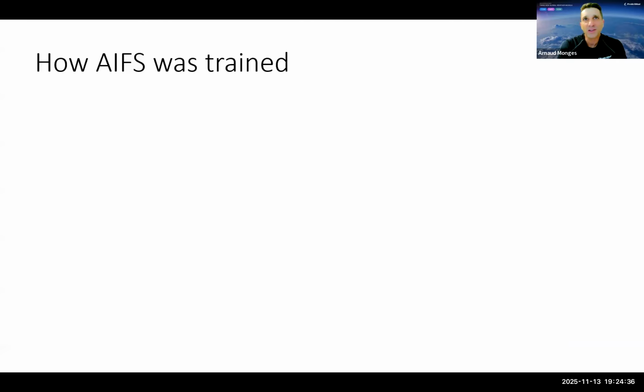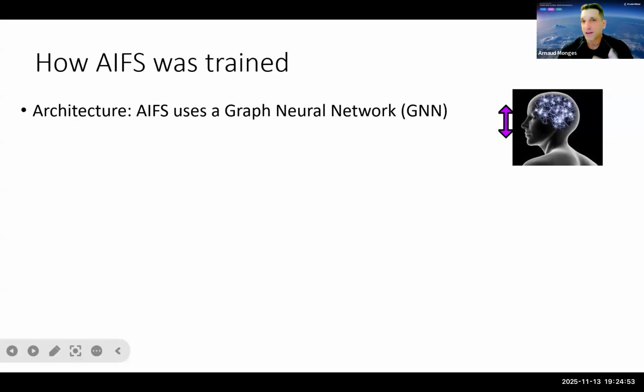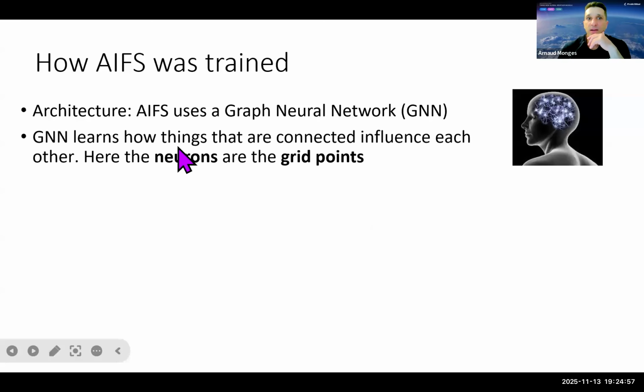So now we can discuss briefly how AIFS was trained. Every company has its own way of training the model, and this is what makes a difference. The architecture uses a graph neural network, a little bit like the brain of someone. And the GNN learns how things are connected and influence each other.